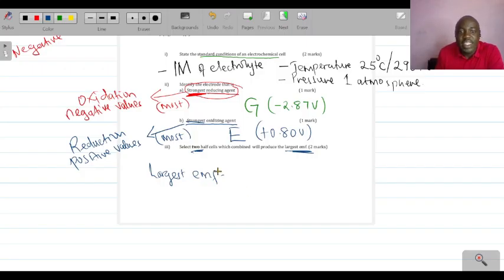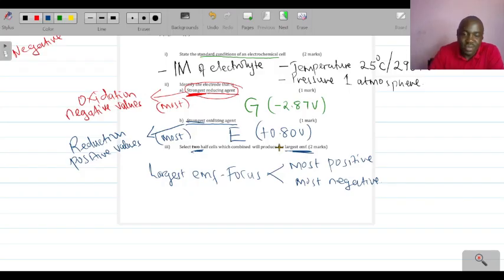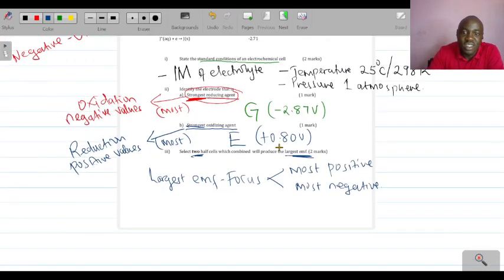So when you want to get the largest EMF, our focus is on two things: which one is the most positive and which one is the most negative. In our case, I think you've been able to know that is G and E, G and E.